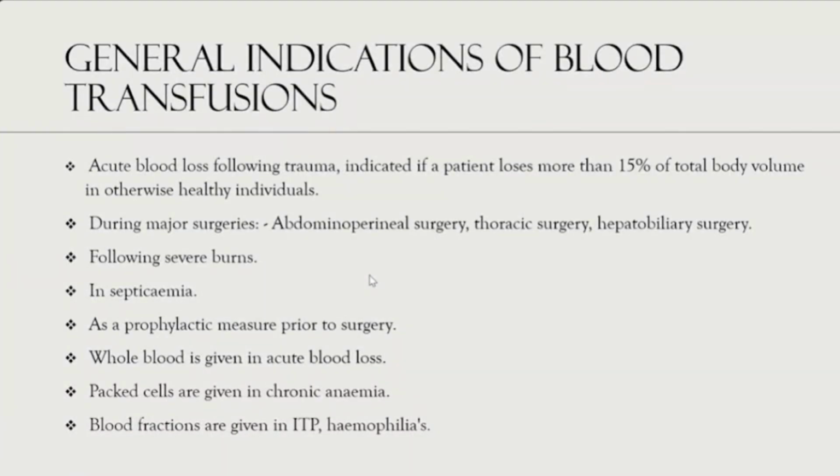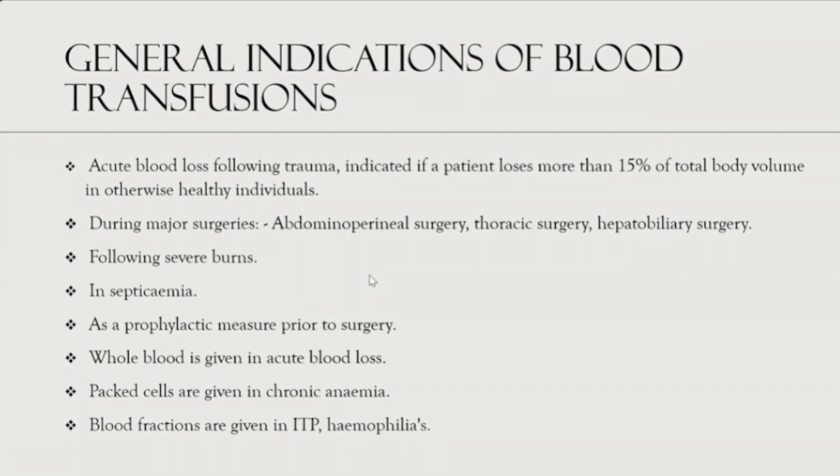So we have the general indications of blood transfusions. Why do we give these blood transfusions? So we give these blood transfusions in acute blood loss following trauma. If a patient loses more than 15% of the total body volume, we are meant to give them blood transfusion.